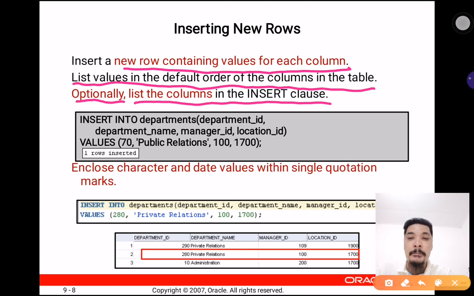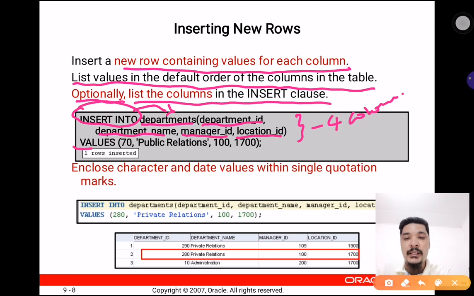So in this example, we use INSERT INTO. This is the table name, the departments table. This is all the column names: department ID, department name, manager ID, and also location. So here we have four columns, right? So what is the value of these columns?